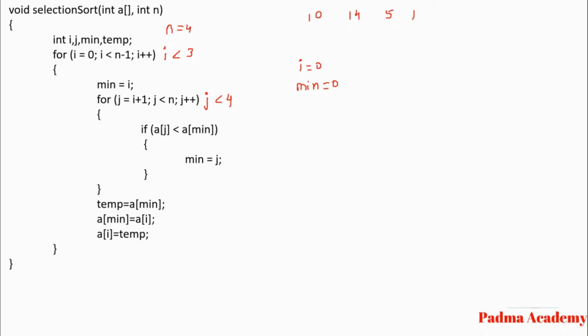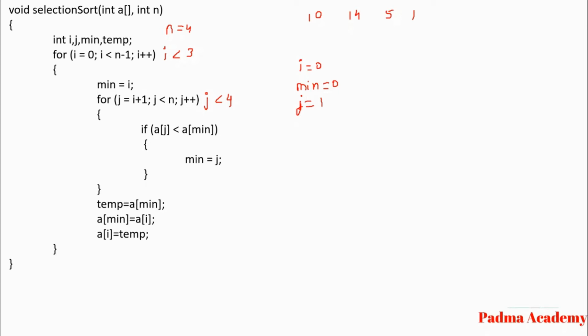First we are checking that 0 is less than 3, yes, so it will execute that for loop, then it will assign the value of i to min, then the j value will be i plus 1, that is 1. Then we are checking is 1 less than 4, that is j should be less than 4, yes.